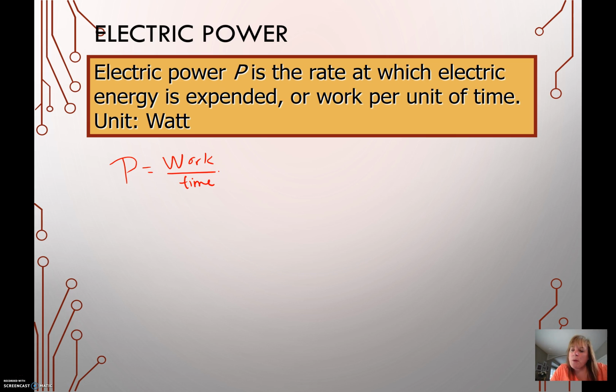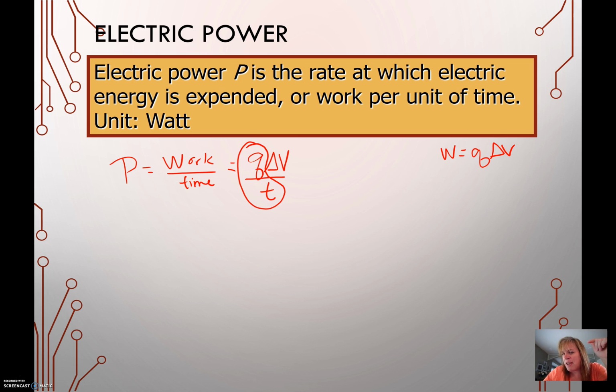and if you remember from our last unit in electrostatics, we said that work was equal to the charge moving through a voltage difference. Well, we're going to use that equation again because we have this potential difference or this voltage difference that's driving the current. So if I plug that in here, I get Q delta V over T. What is Q over T equal?